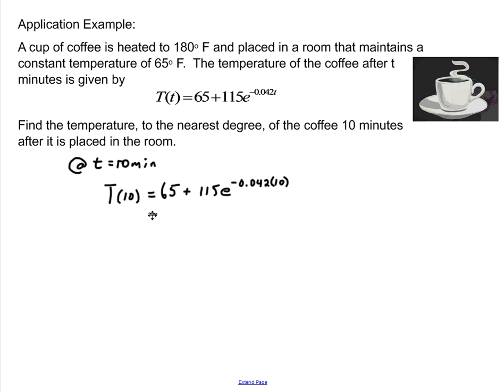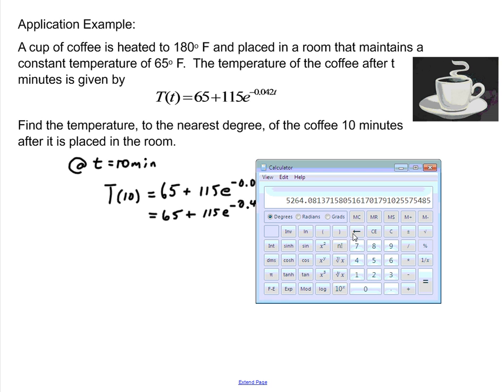So what happens right here? Okay, as we said before, 65 plus 115 times e to the negative, shifting that decimal to the right, 0.42, negative 0.42. So let's get out our calculator and work this one out here.